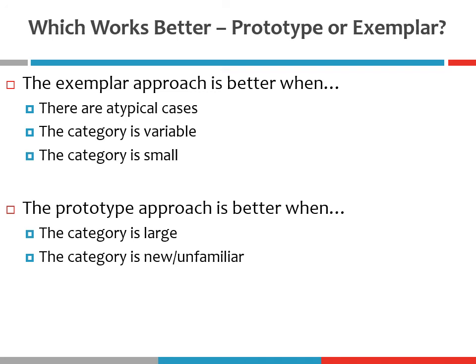because it's hard to come up with a prototype that incorporates features of both blue jays, robins, and sparrows and penguins and ostriches. It's hard to have one standard object that represents all of those features. But if we use the exemplar approach, we can just catalog all of the birds that we've seen, and we can just think to ourselves, okay, some of the birds I've seen can fly, and some of the birds I've seen can't fly.